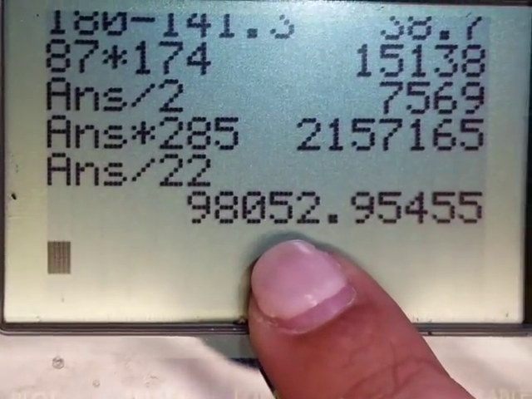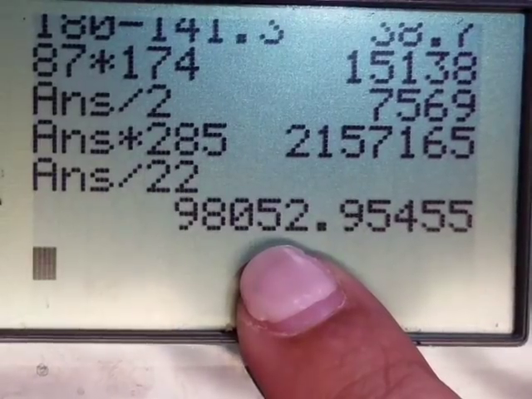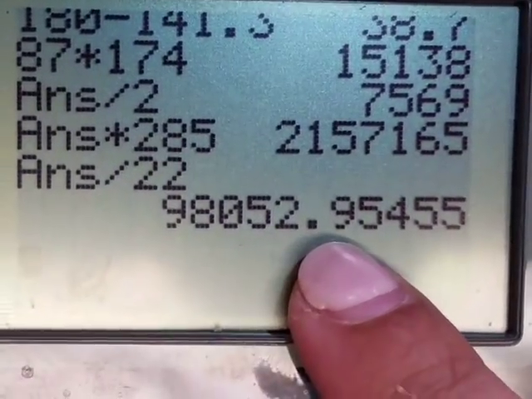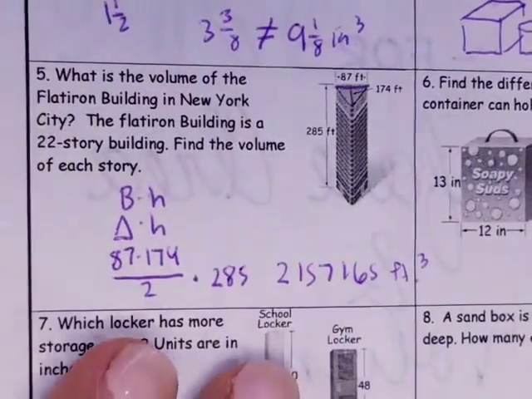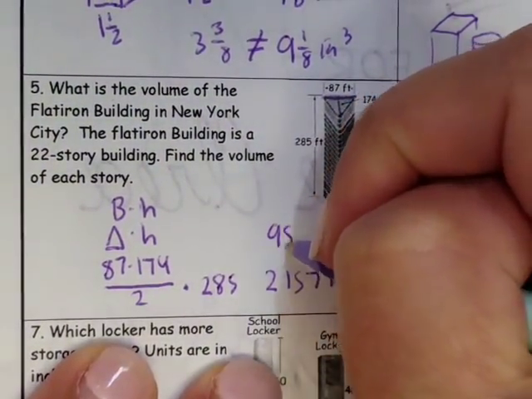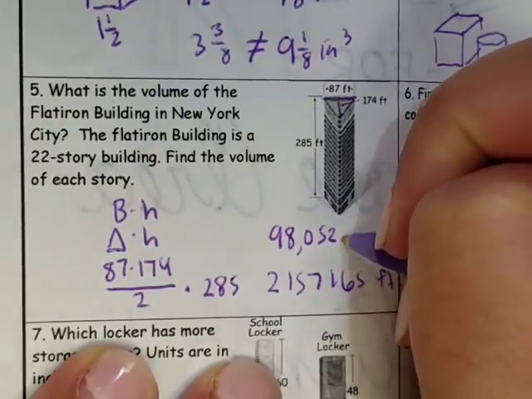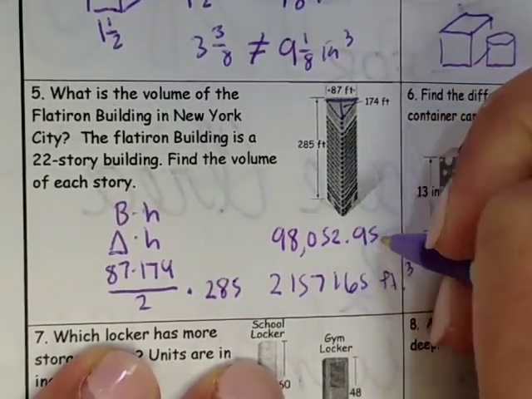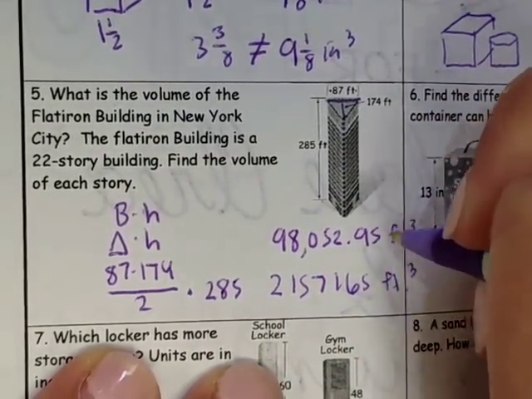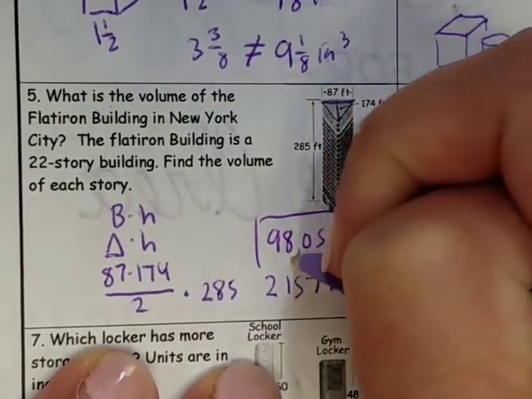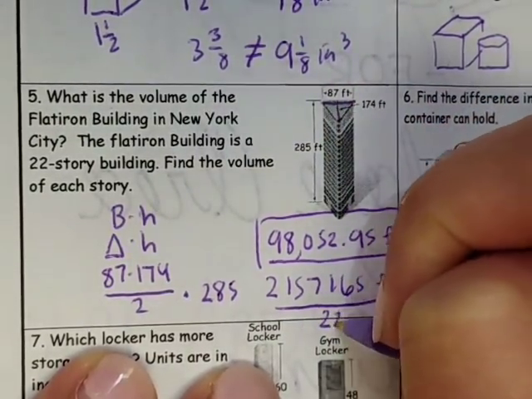So my volume of each floor is 98,052.95 feet. So 98,052 feet and 95 hundredths. And again, I took this answer and I divided by 22.